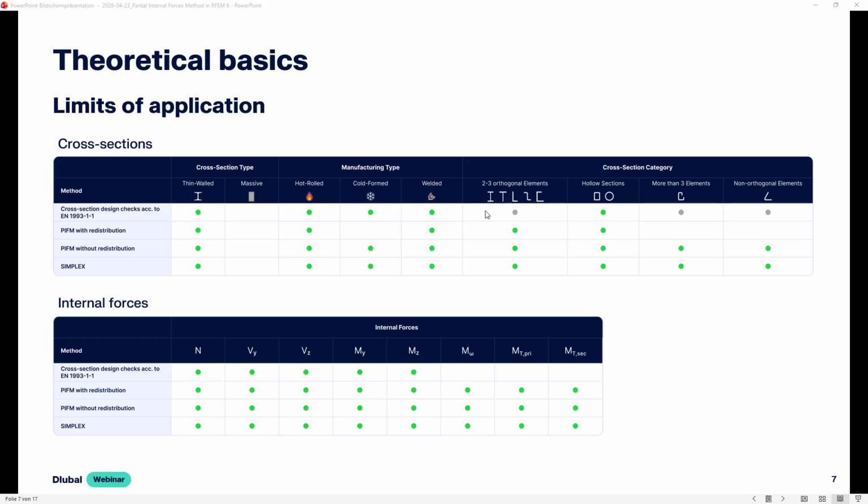The EC3 plastic interaction formulas come to their limit because they are only regulated for a small variety of cross-sections, which would be hollow sections, circular and rectangular, and double T, like IPE profiles. Everything else is not regulated. So for everything else, you would have to do the linear interaction or even the elastic design of stresses.